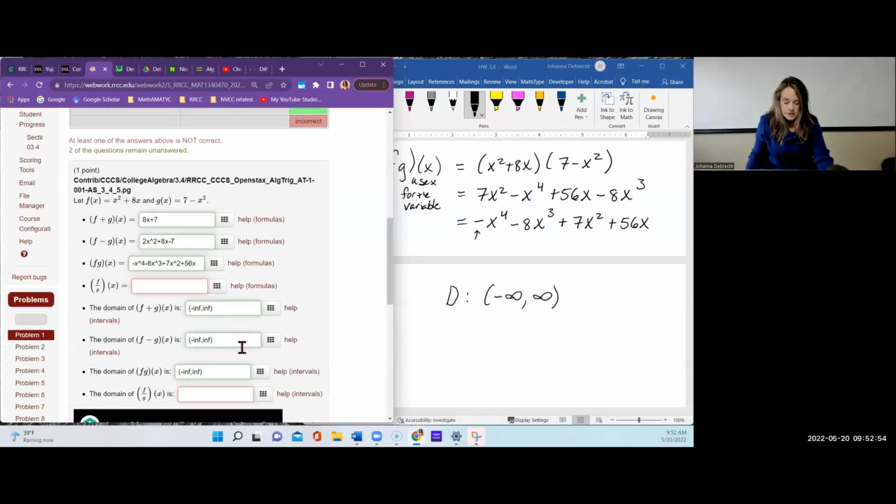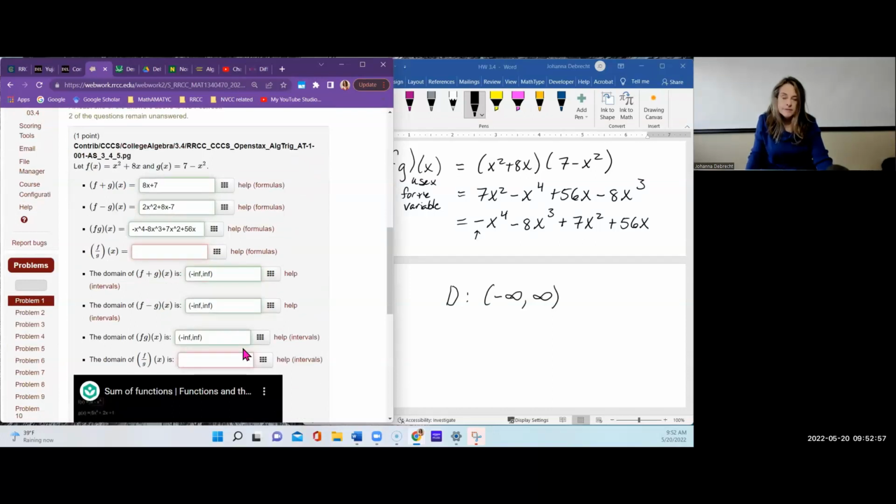The last one is the one that is a little bit trickier in combining functions to make new functions out of old ones. This is the division one.